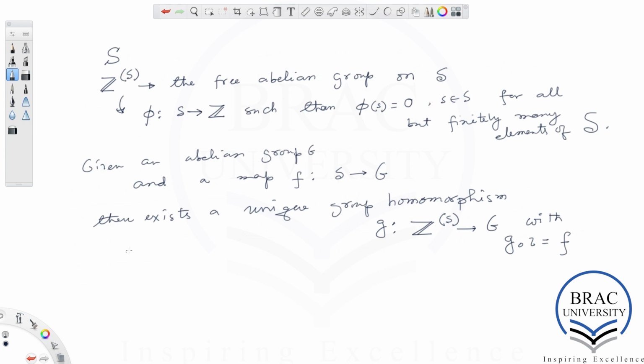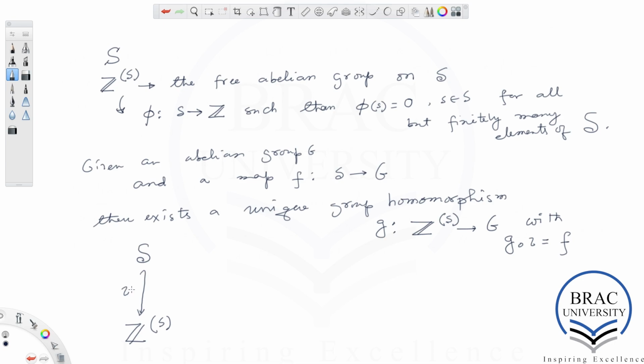Let me draw this commutative diagram. There is the inclusion of this set S in this free abelian group on S. That's what we mean by hook.